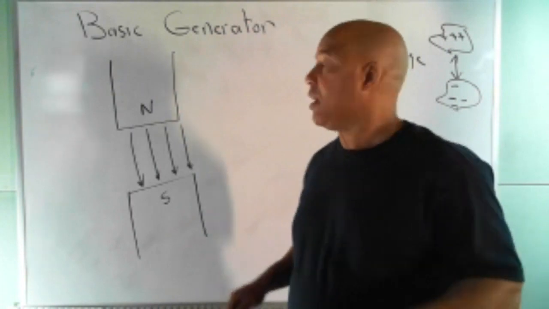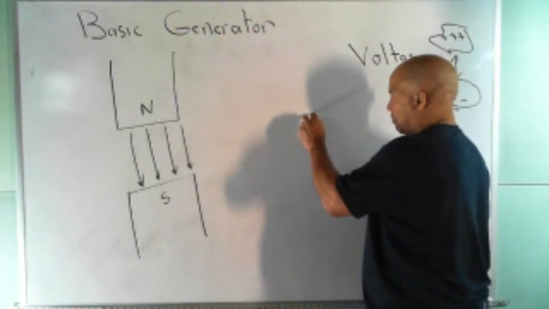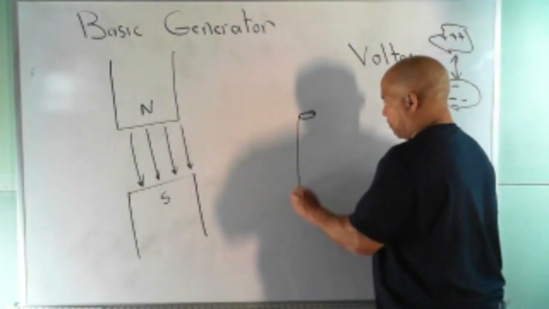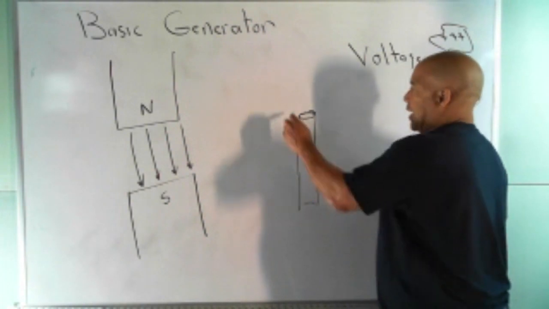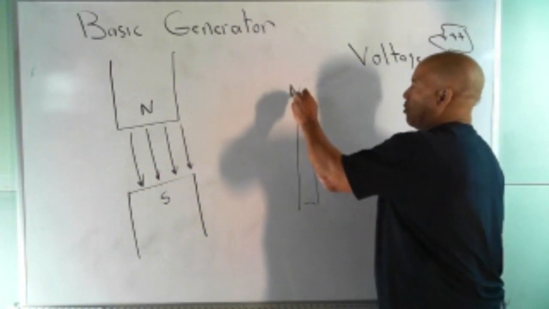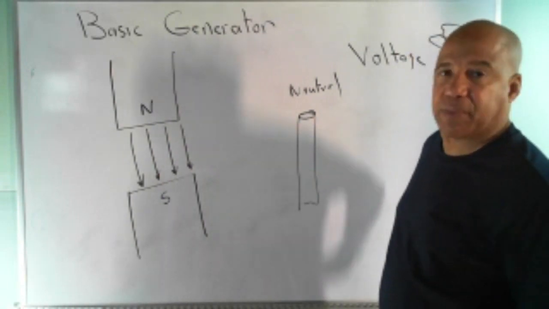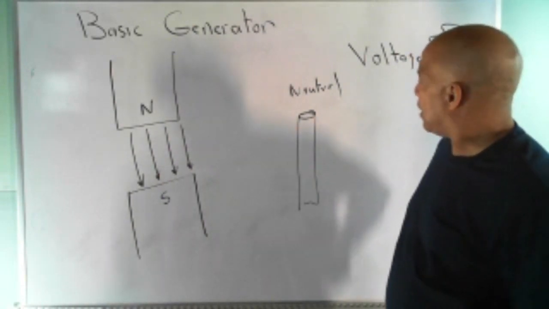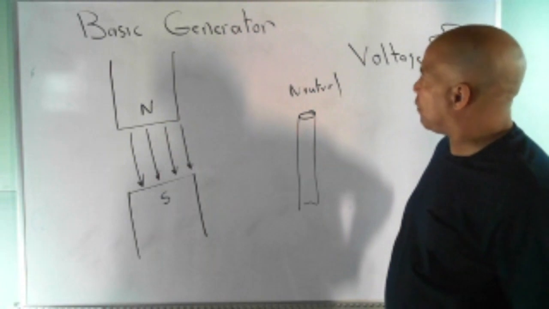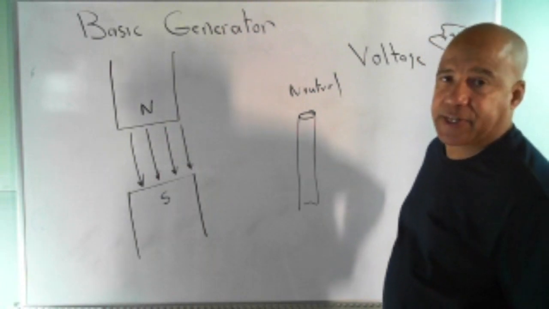So imagine I have a piece of copper. And that copper is actually neutral, because I have the same number of plus charges and minus charges in that copper. But I don't know if you remember, we talked about copper in DC.